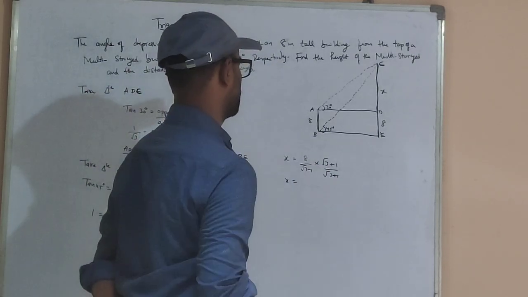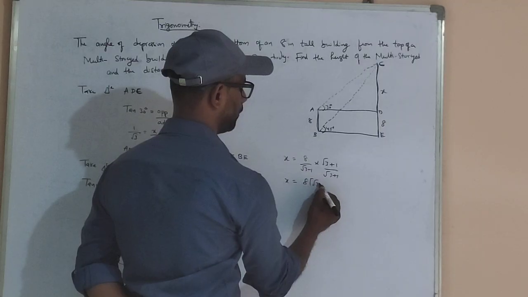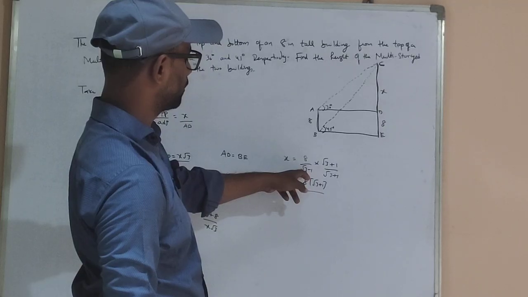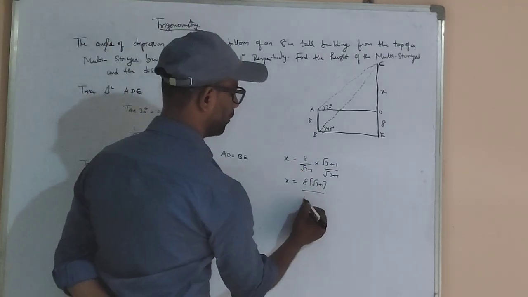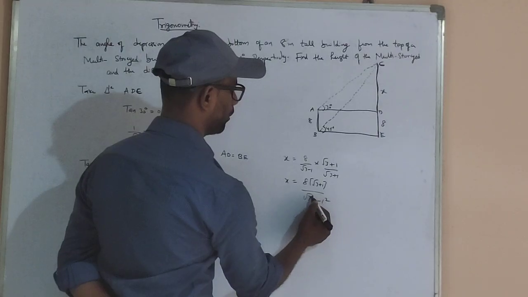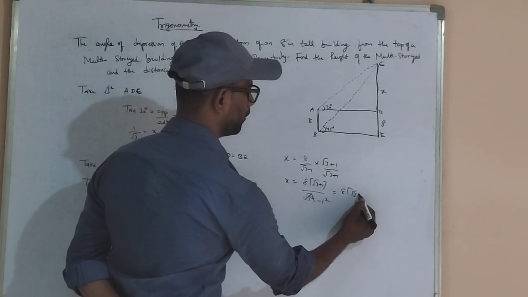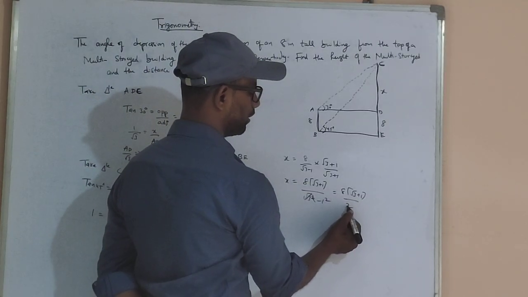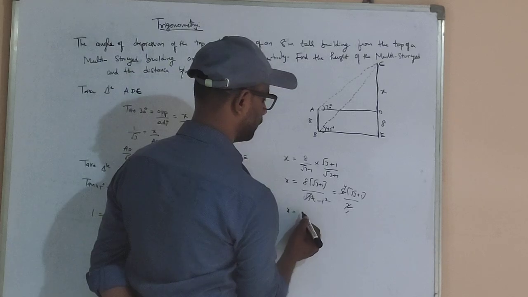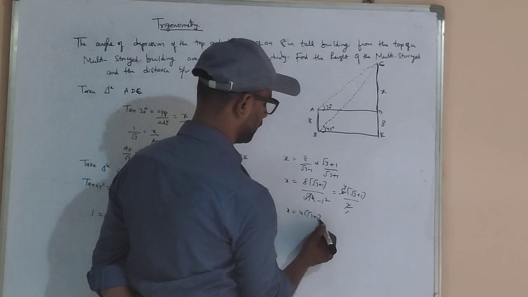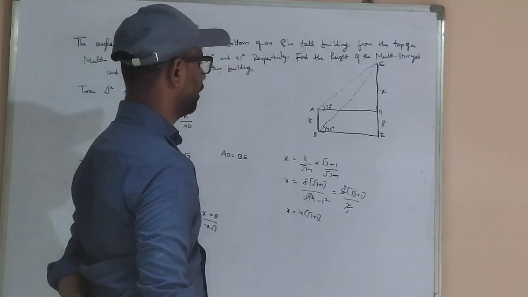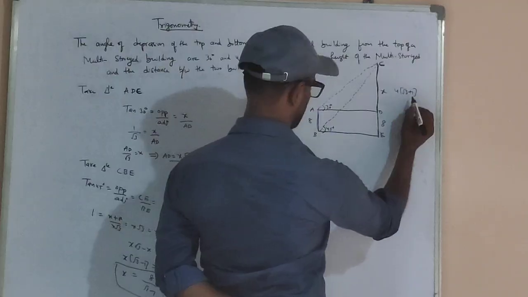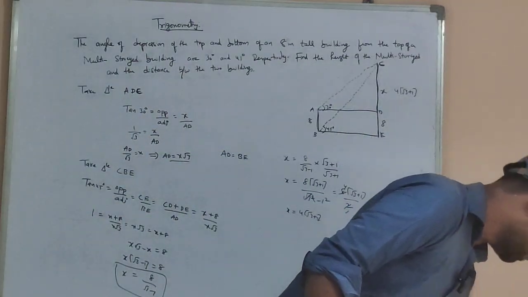So x is equal to 8 into root 3 plus 1 by, in the denominator it looks like a minus b into a plus b, which means a square minus b square. So root 3 square minus 1 square, 8 into root 3 plus 1 by 3 minus 1, which is 2. On cancelling, x is equal to 4 into root 3 plus 1. So this is the value of CD, which is the height of the multi-storey building: 4 into root 3 plus 1.